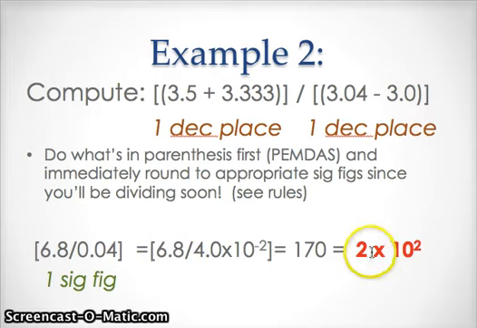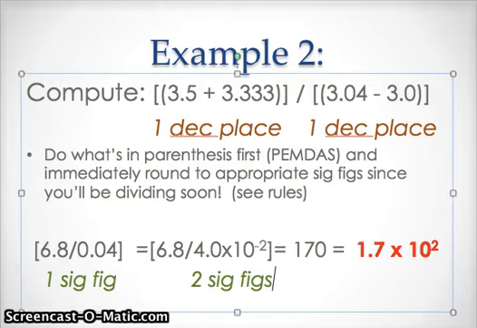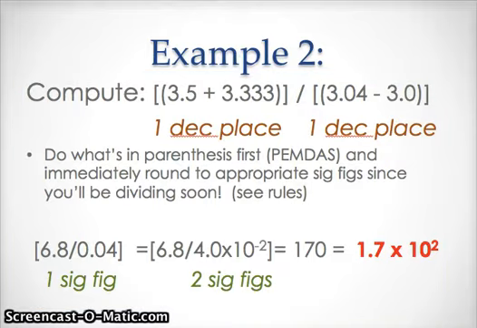So there should be 2 sig figs at the end. So your answer should be 1.7 times 10 to the 2, because you're rounding to 2 sig figs. So I actually made a small mistake there. See, that's what happens when your teacher rushes a PowerPoint and is also teaching AP Chem for the first time.